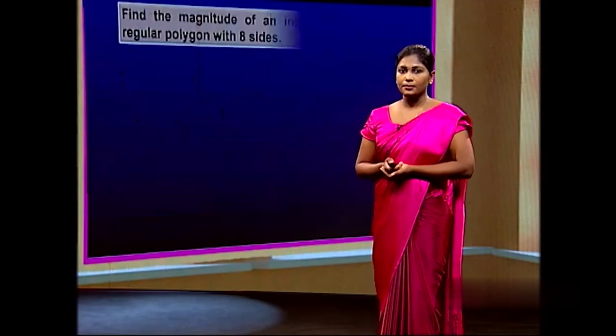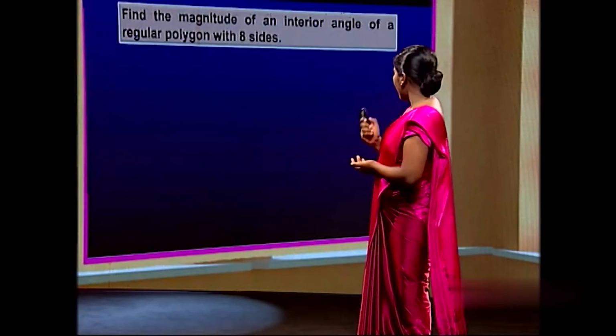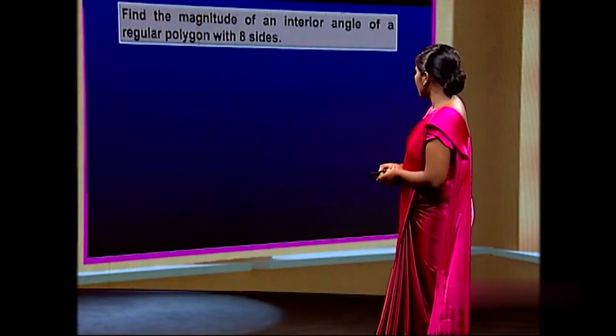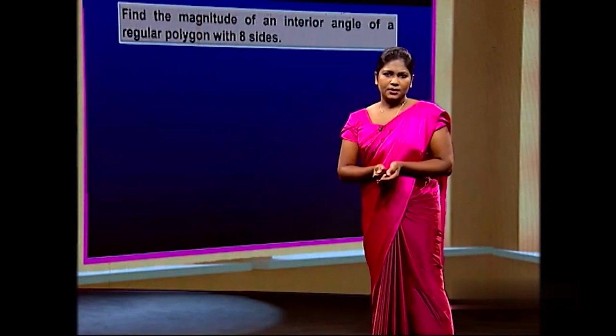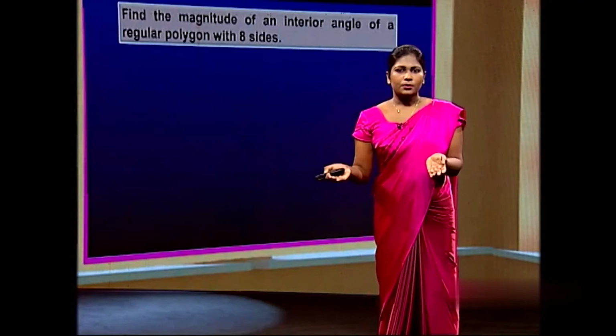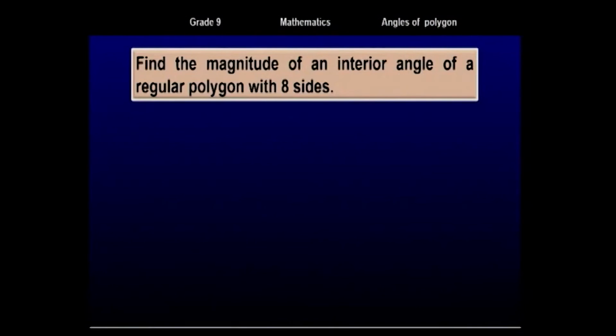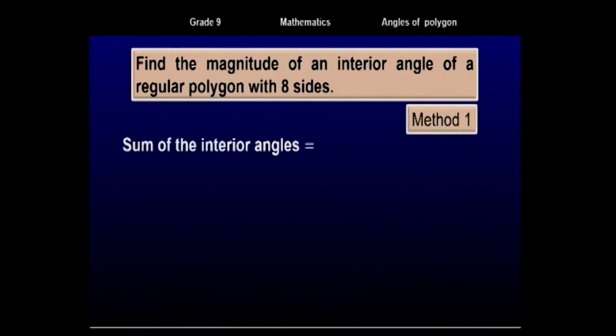Look at that question. Find the magnitude of an interior angle of a regular polygon with 8 sides. Now there are 8 sides, those are equal, then we have to find the interior angle of the regular polygon. So there are two methods.